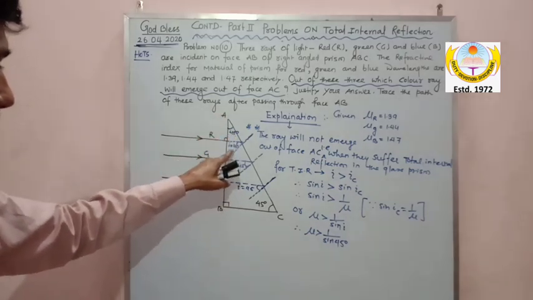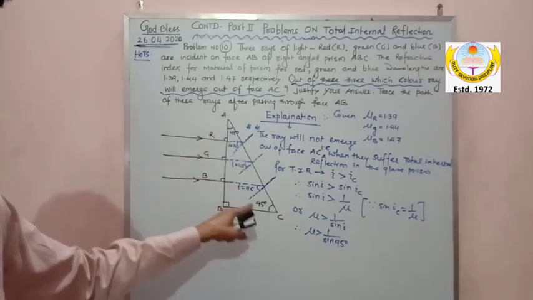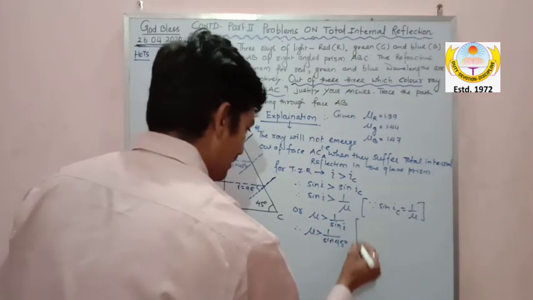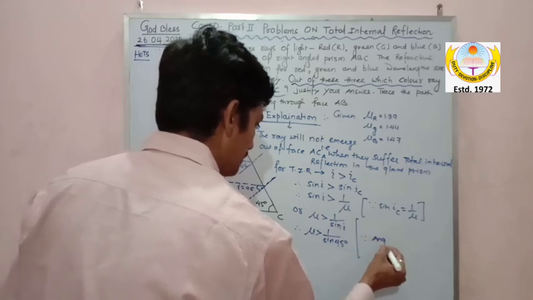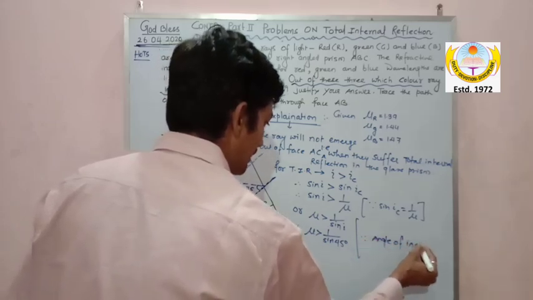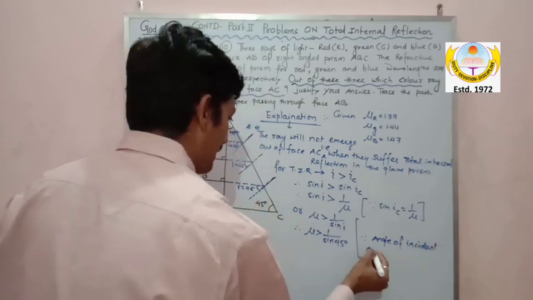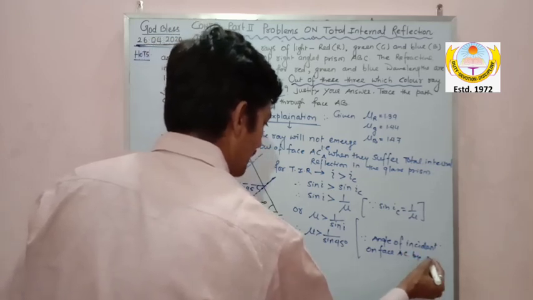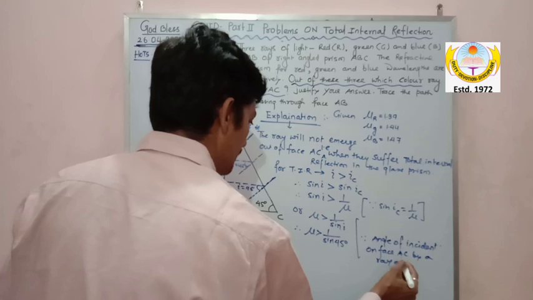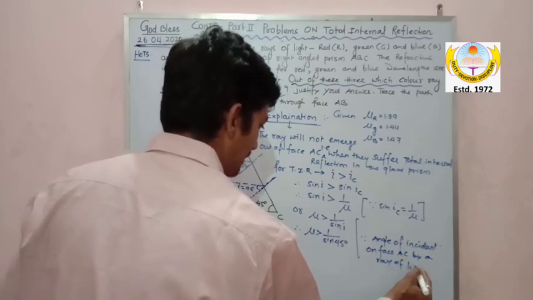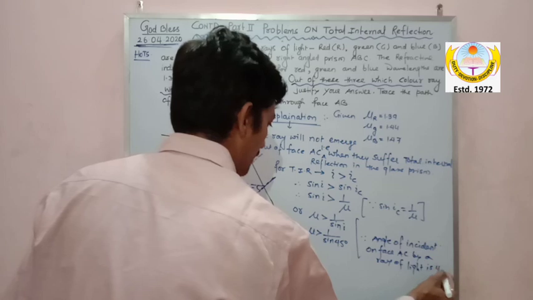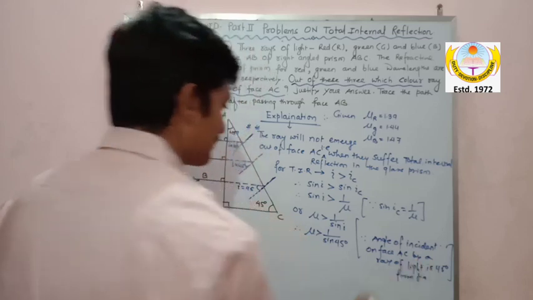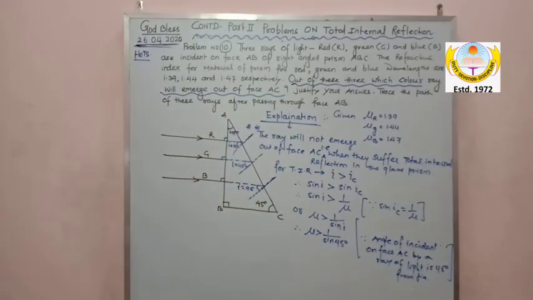If this is 45, 100%, this will be 45, because according to the geometry of the figure, I have shown so many numericals. So here, the angle of incidence on face AC by a ray of light is 45 degree from the figure.